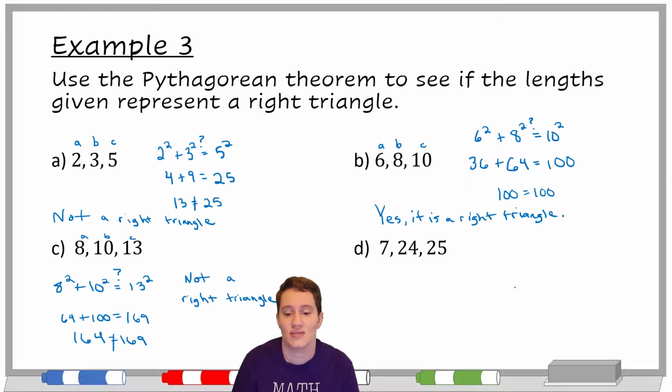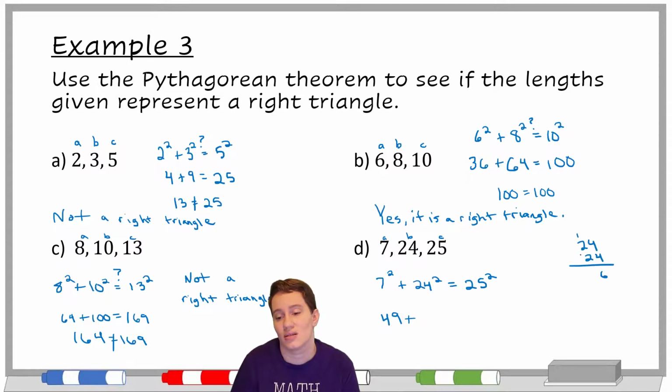And D, 7, 24, and 25. So A, B, C. So we do 7 squared plus 24 squared equals 25 squared. Well, we've got some big numbers here. 24 squared, I don't know off the top of my head, even though I did it yesterday. Let's see. 576.